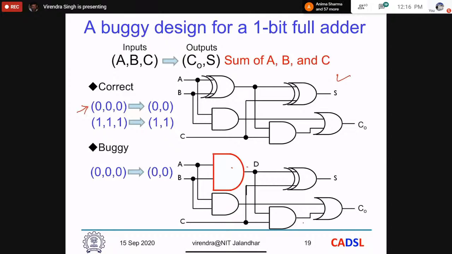Otherwise they are absolutely the same. So if I simulate for the next one, I will get 0 1, which is a different output from this one, and therefore I can say this is my buggy case, or counterexample, wherein I apply all ones as input and get 0 1 as the output. So this is my counterexample.